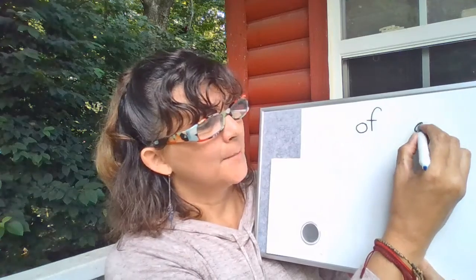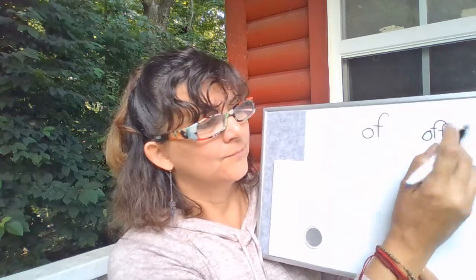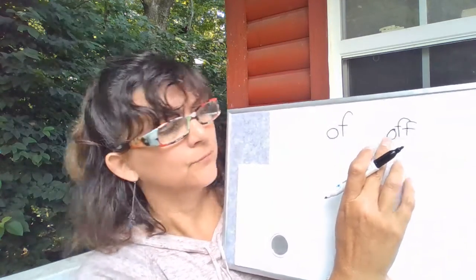Have you heard that word before? Yes, there's a word off, like, get off the table. You're not supposed to stand on the table. Nice. But that one is spelled a little bit differently. This word is pronounced a totally different way.